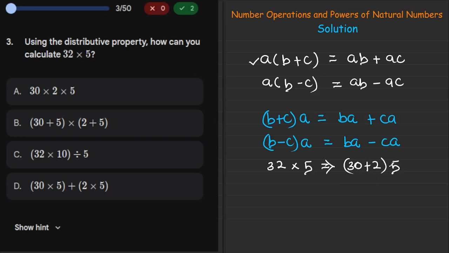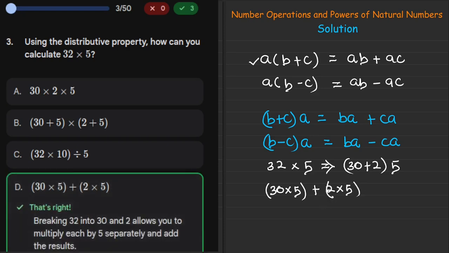So we have 30 times 5 in one bracket, then plus our 2 times 5 in another bracket. And that is clearly D. Very simple. Let's look at our next question.